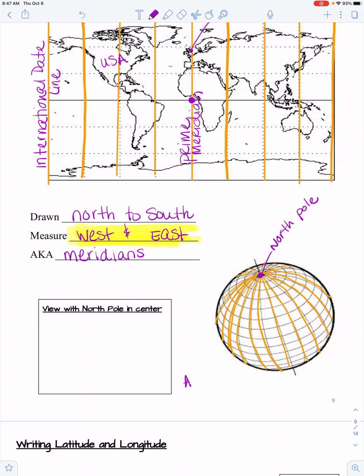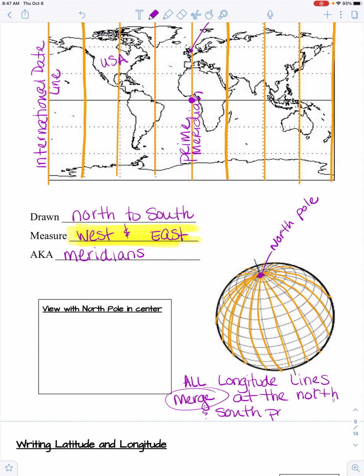So all longitude lines merge at the north and south pole. So if I'm standing here on the North Pole, I am every single line of longitude because they're all converging there.